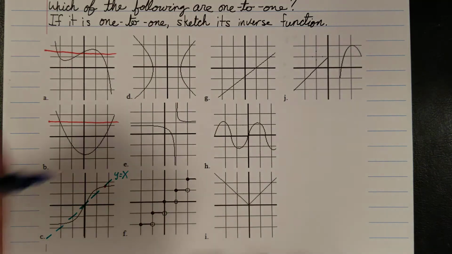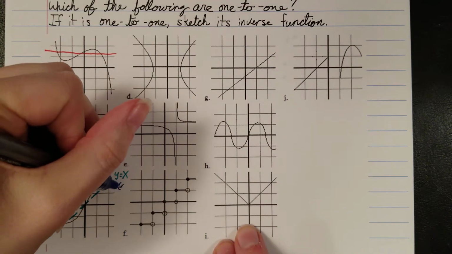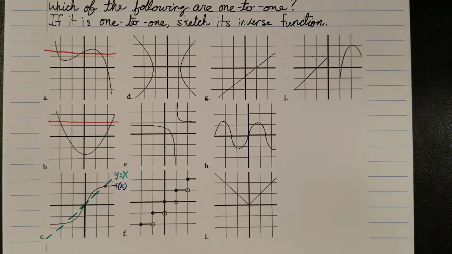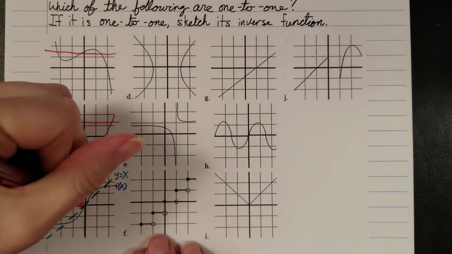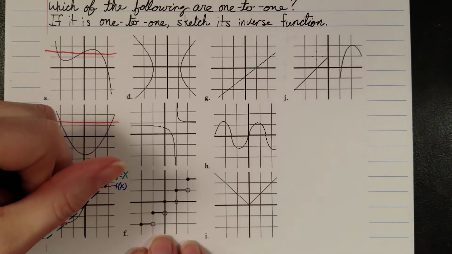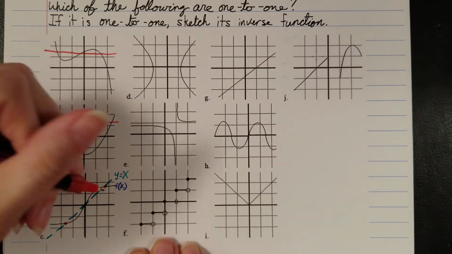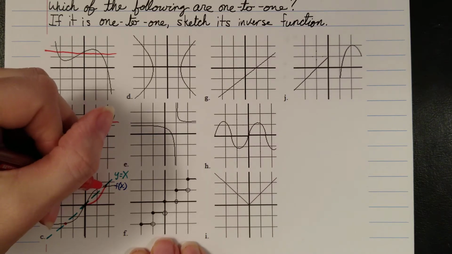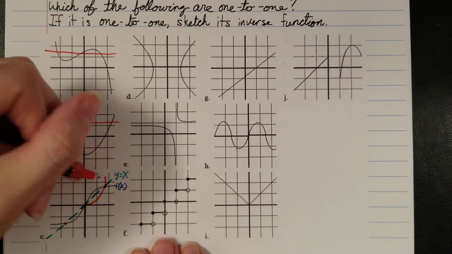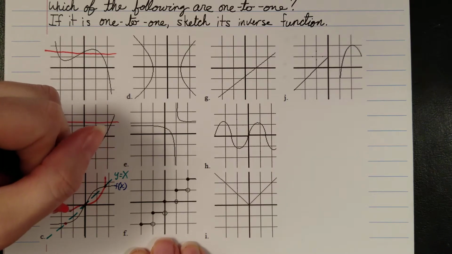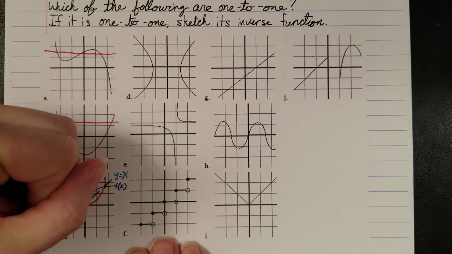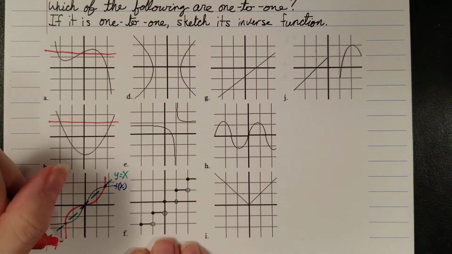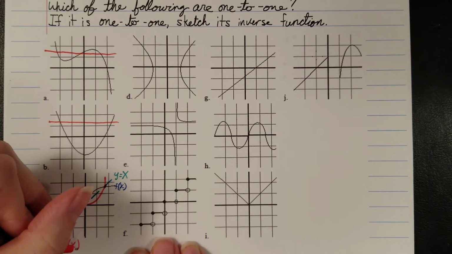Let's say that this graph is f of x, and I'm going to draw the inverse in red here. That red one is f inverse.